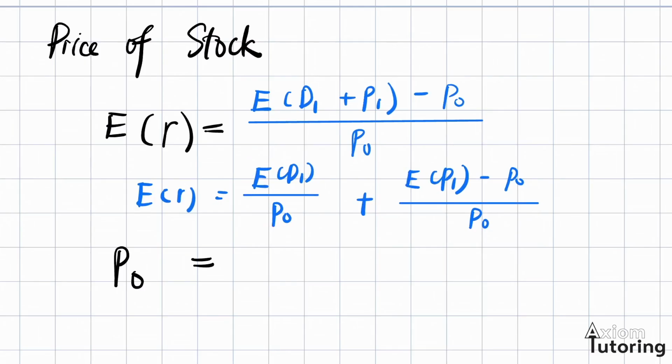So what if we put P0 on the left hand side, and what's going to be on the right hand side here?